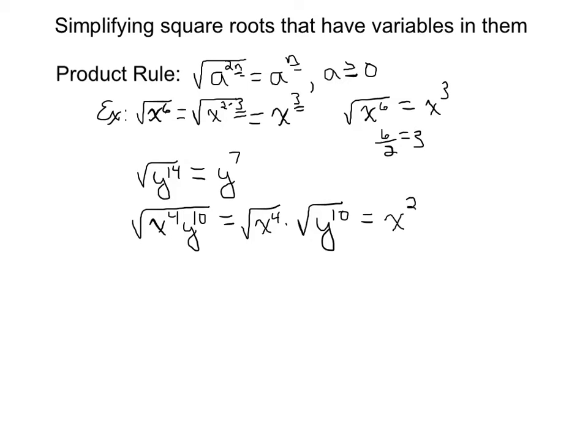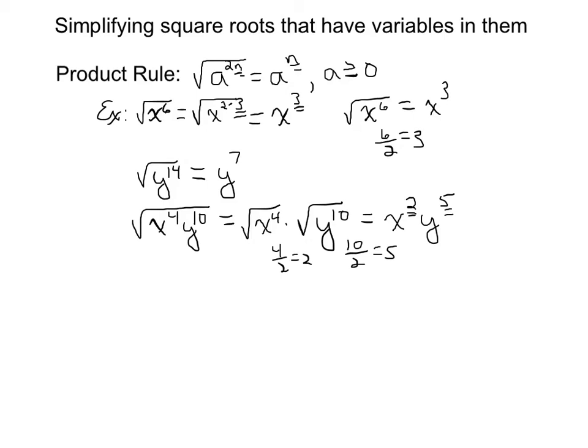That's going to be x squared. How many pairs of y's do I have? Y to the 5th. Or 4 divided by 2 equals 2, giving me the 2 over here, and 10 divided by 2 is 5, giving me the 5 over there. So if you have an even exponent, it works out very nice and neat.